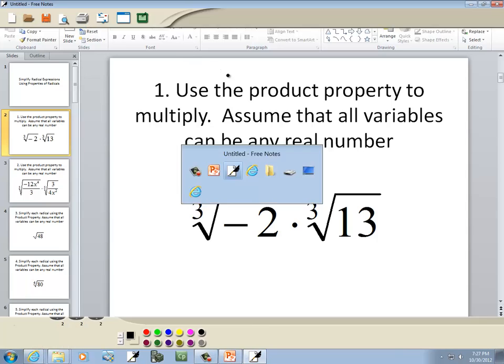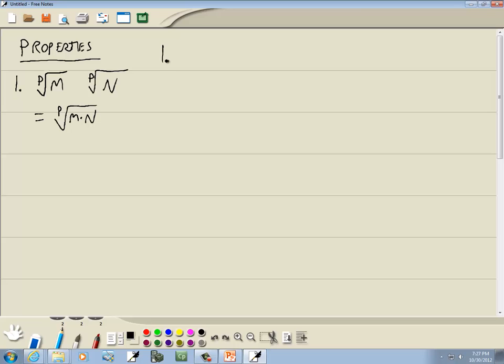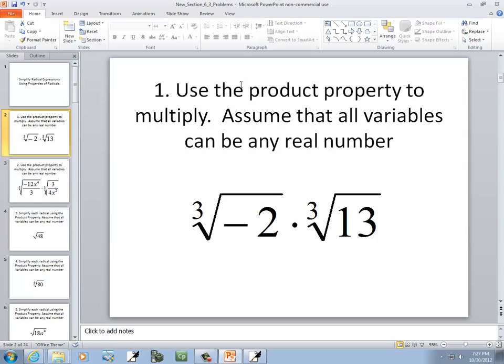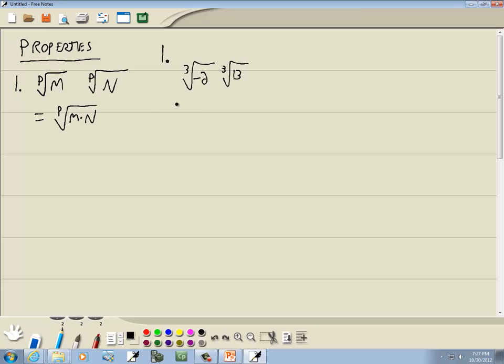So this first problem here, we have the cube root of -2 times the cube root of 13. It says use the product property to multiply, assume all variables can be any real numbers. Since the indexes are the same, we can multiply these together and put them underneath a single radical.